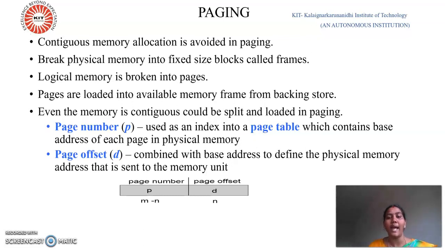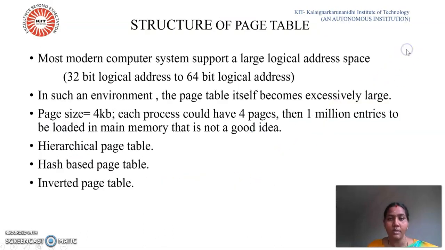The page offset is the displacement, which tells where inside that page your current data is located. The page number combined with the page offset gives the page table structure.